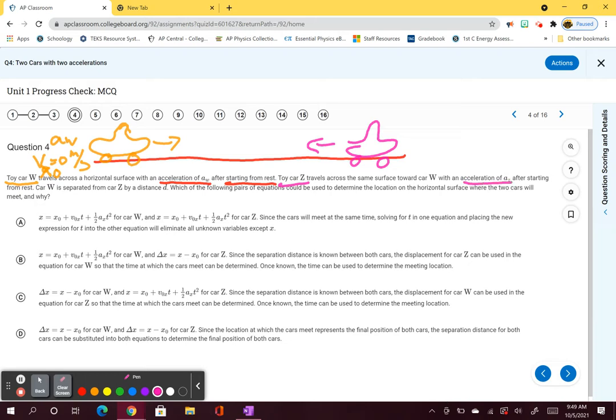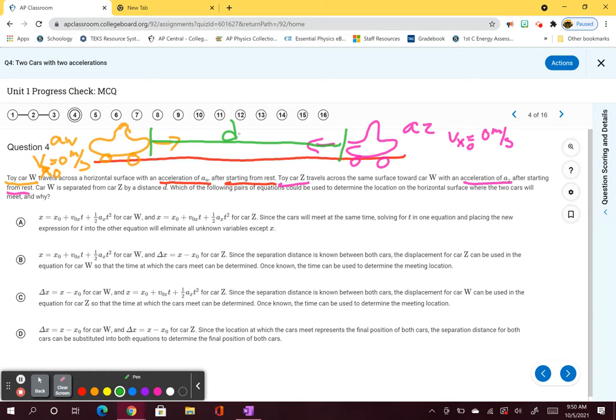It has an acceleration of AZ and also starts from rest. Car W is separated from car Z by a distance D. So basically here to here is distance D.